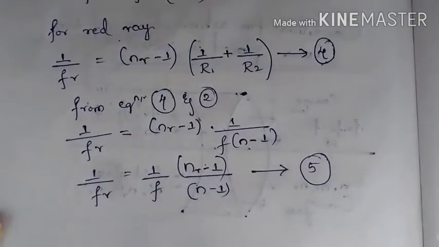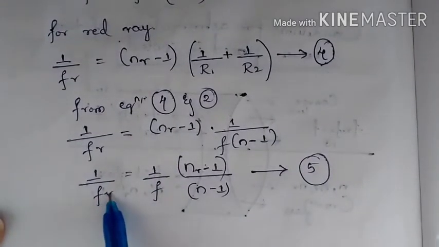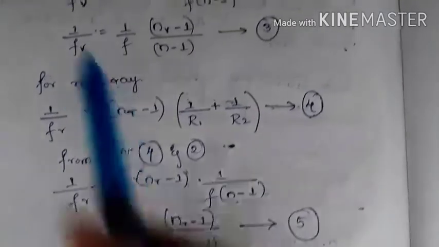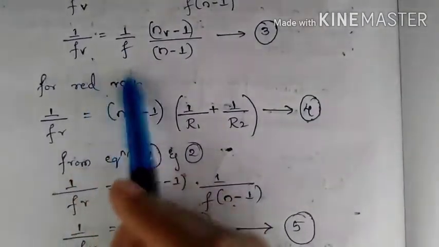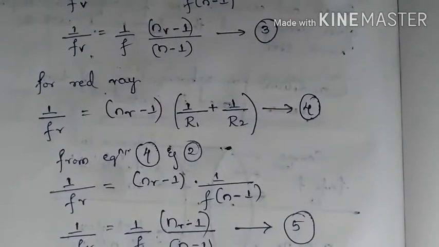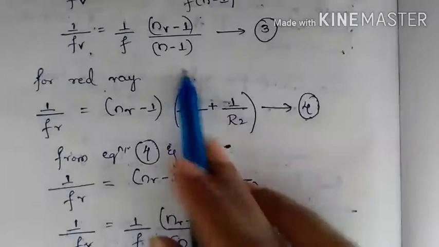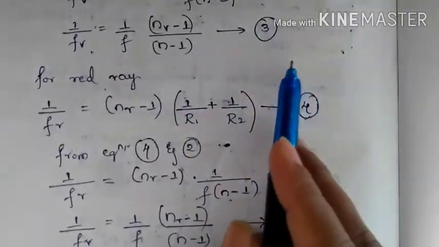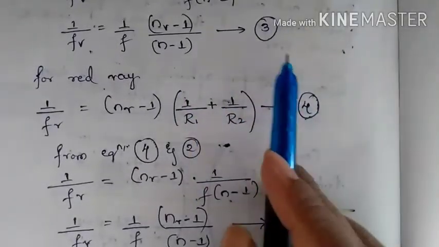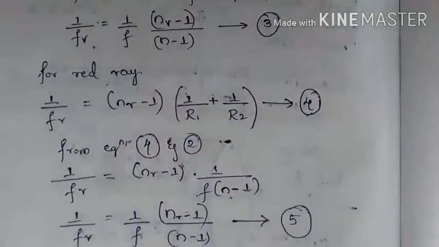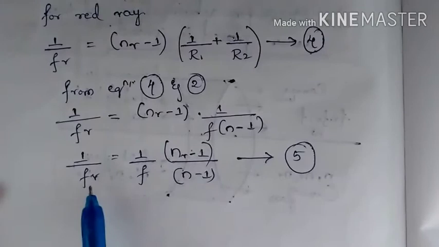So you got the focal length of the red ray in terms of the mean ray and the focal length for the violet ray in terms of the mean ray. So you got 1 by Fv and 1 by Fr. So similarly for the second lens, that is the concave lens, you can write what will be 1 by Fv prime and 1 by Fr prime.